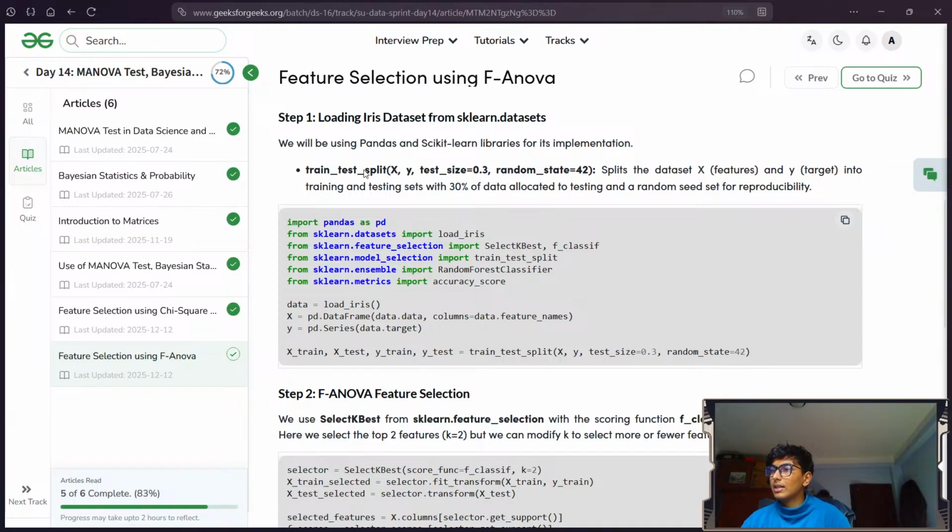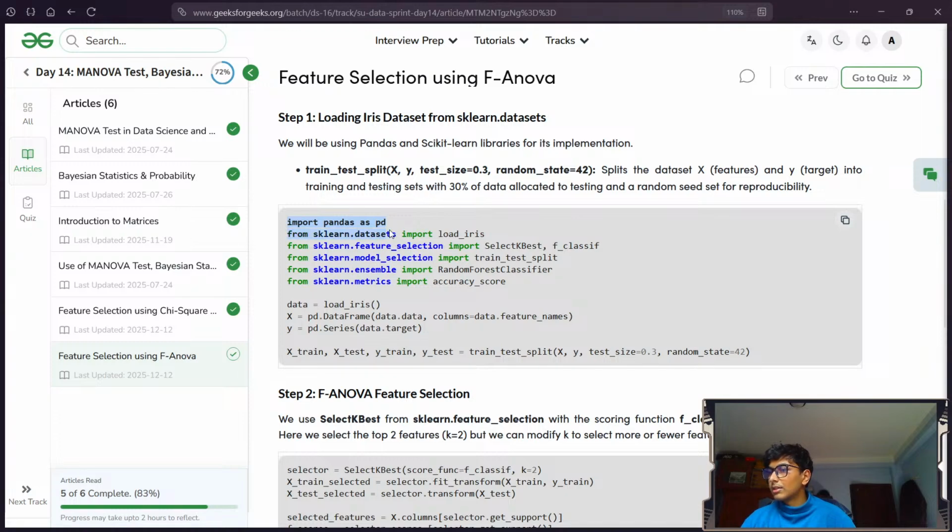For train_test_split, we are splitting X and y with test size 0.3 and random state 42, which splits the dataset, X features and y targets, into training and testing sets with 30% of data allocated to testing and a random seed for reproducibility. I'll be doing this F-ANOVA on my own laptop too if I can.